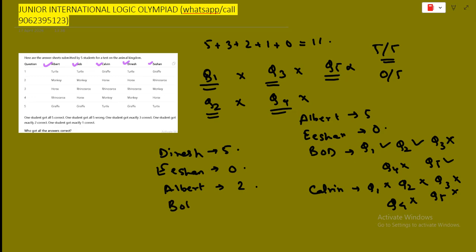Bob: turtle yes, monkey no, rhino yes, horse no, giraffe yes. So this is 3. And for Kelvin: giraffe no, horse yes, rhino yes, monkey yes, turtle no. So this is also 3. Error. We need someone to have 1 correct. So in this scenario, we have 2 people with 3.